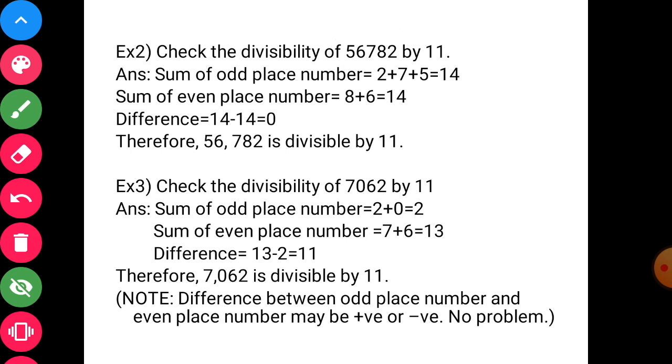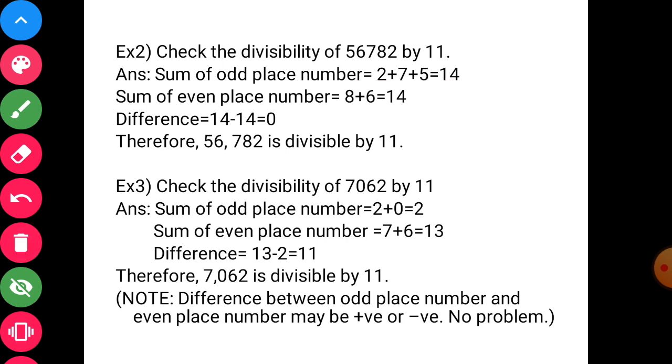Then even place numbers. Even place numbers are 8 + 6 is equal to 14 only. 14 - 14, you will get 0. Therefore the given number is divisible by 11. Like this you have to find out.